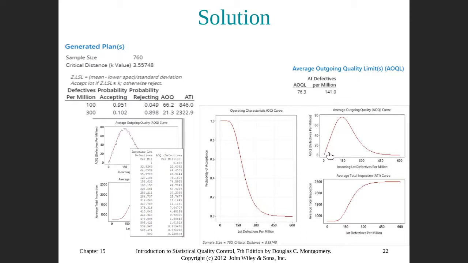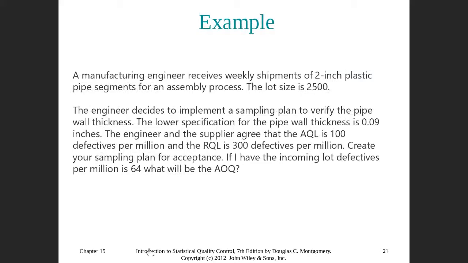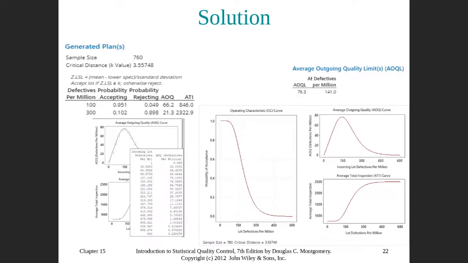How can I say what the average outgoing quality is for 64 defective if I haven't already identified the operating curve and the sample size? Let's do the results first on Minitab and see how we can explain the results more.